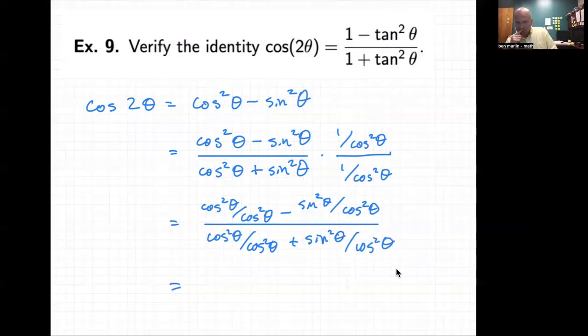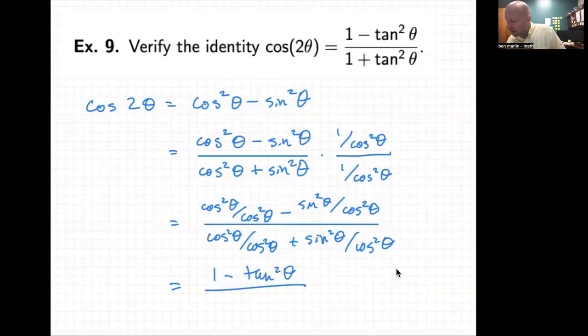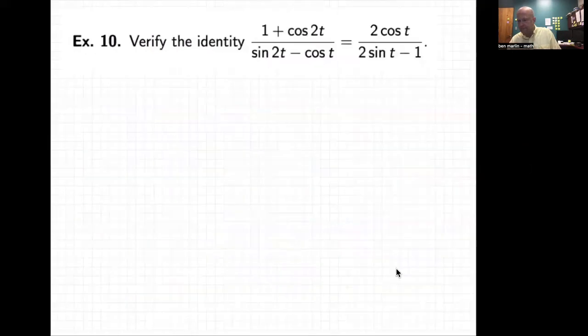Okay. So the top becomes 1 minus tan squared theta, and the bottom becomes 1 plus tan squared theta. And that is the right-hand side. Once again, I did not start by writing down both the left-hand side and the right-hand side. I started with just one side and tried to turn it into the other. That's the whole challenge of verify problems. Okay.